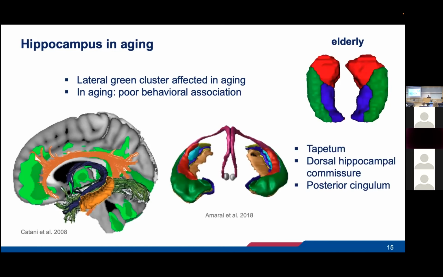A recent study also showed that in aging, white matter tracts related to the tapetum, dorsal hippocampal commissure, and posterior cingulum are affected and decreased.